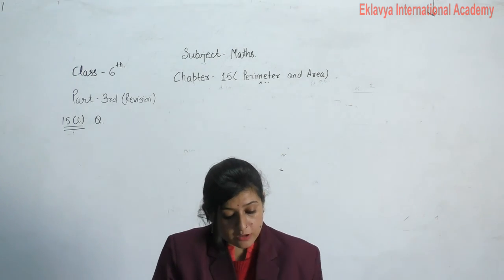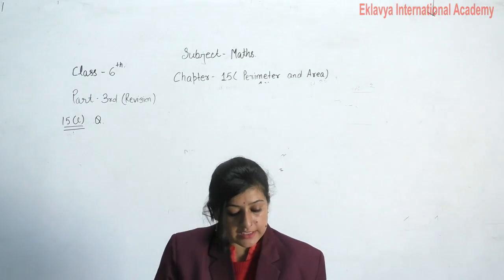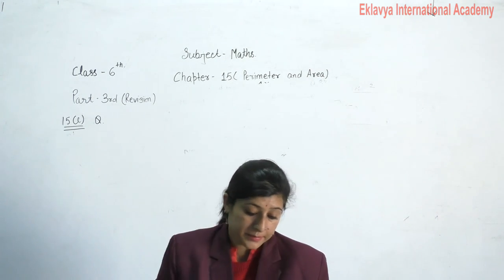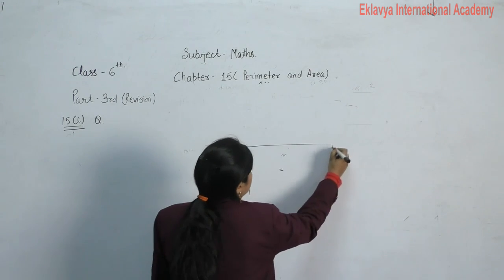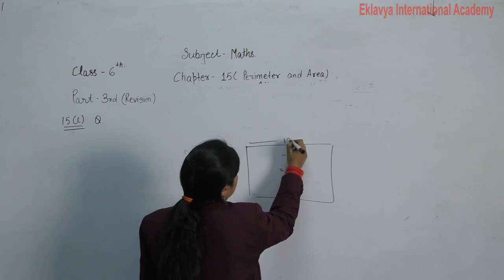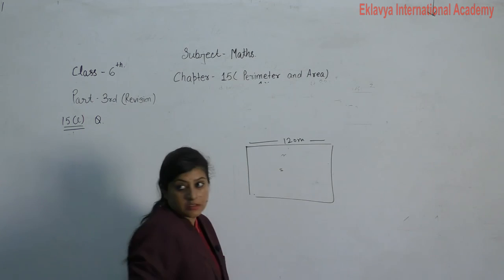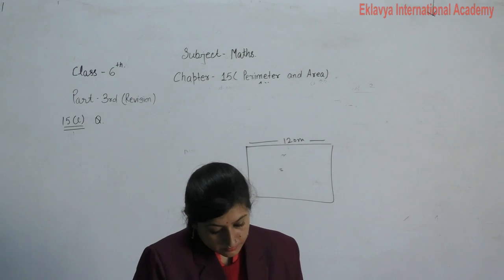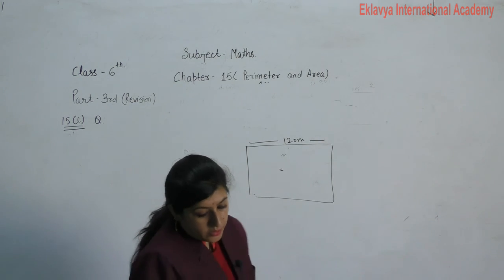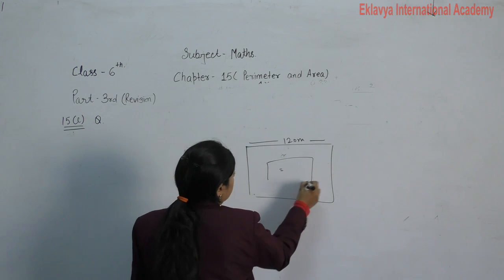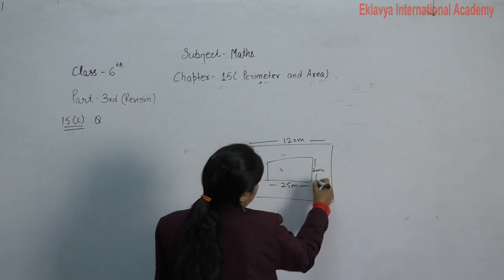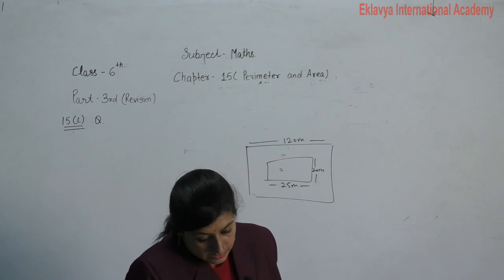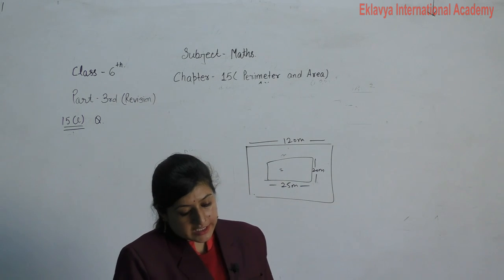In a square park of side 120 meter, there is a swimming pool 25 meter into 20 meter. The rest is picnic ground. What is the area of picnic ground?